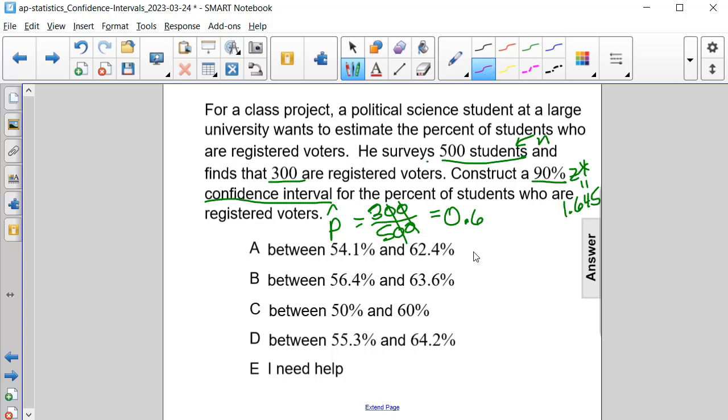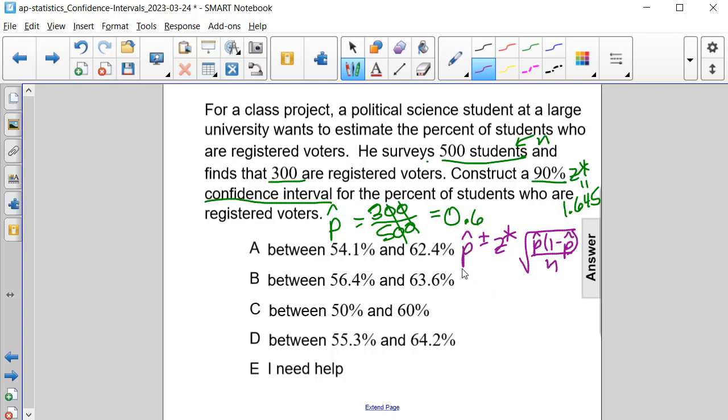And now we can take these values and substitute them into our formula to determine the confidence interval, which is p hat plus or minus our Z star value times the square root of p hat times 1 minus p hat, all divided by n.